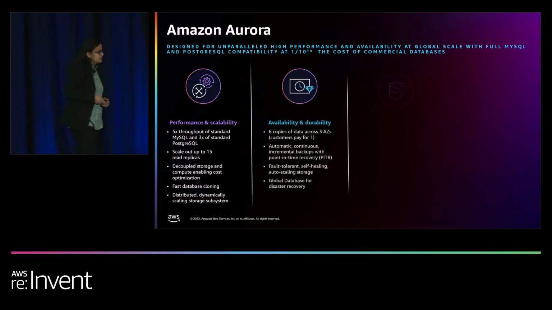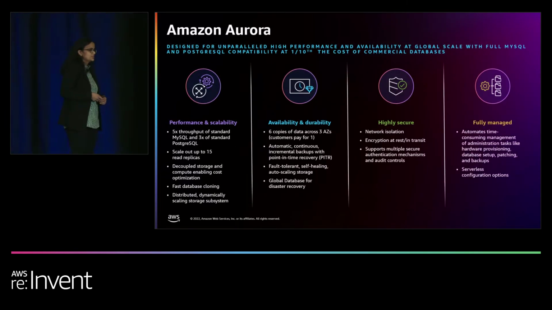And if you take Aurora, this is the relational database management service in our stack, which combines the speed and availability of a high-end commercial database with the simplicity and the cost effectiveness of an open source database. Aurora offers MySQL and PostgreSQL compatibility so that you can move to Aurora without having to change any of your application.